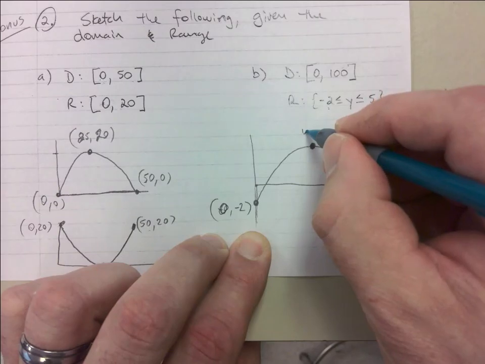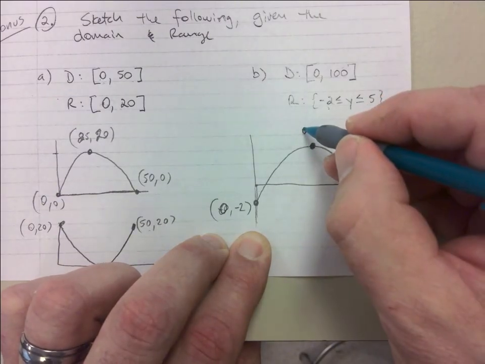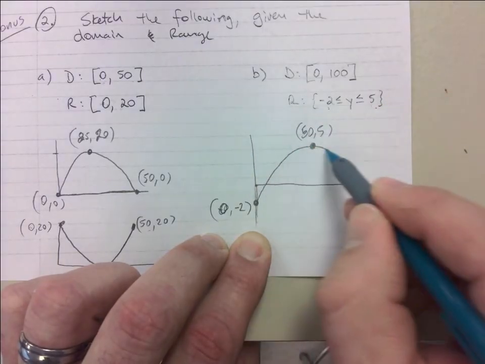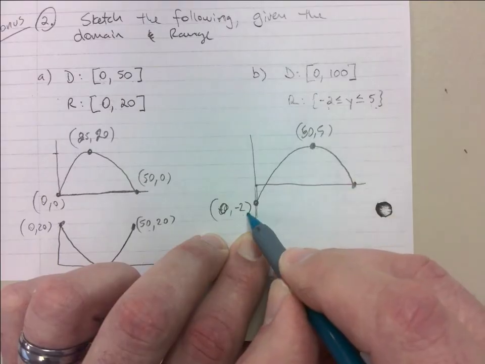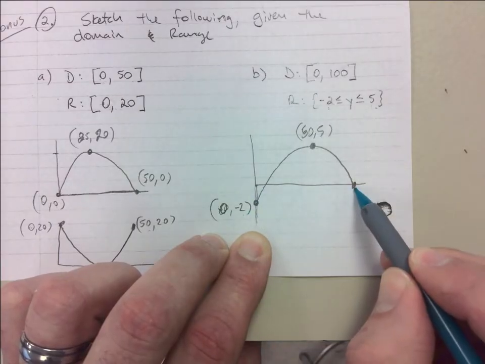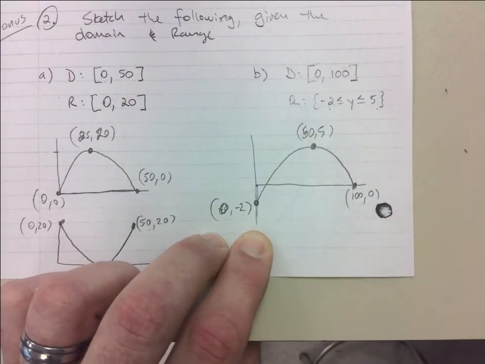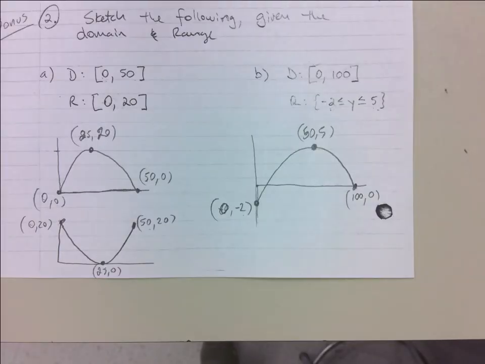It's okay if you go, I'm going to go 5.5, right? So that's the highest and that's the lowest. And then I fulfill my X, my domain, with making this 100, 0. Okay. So that'd be one option. We could have put it pointing the other way.